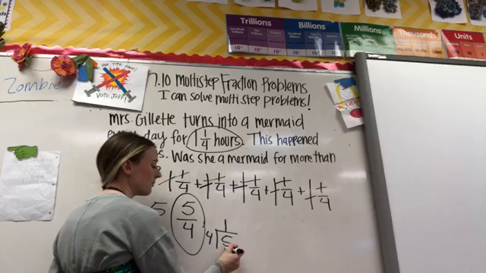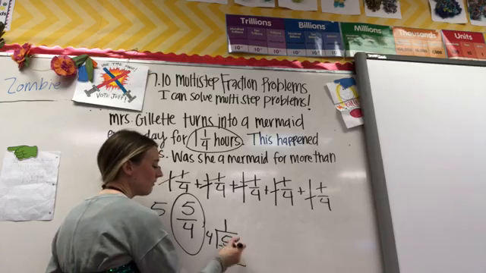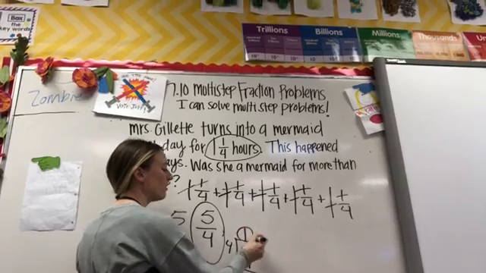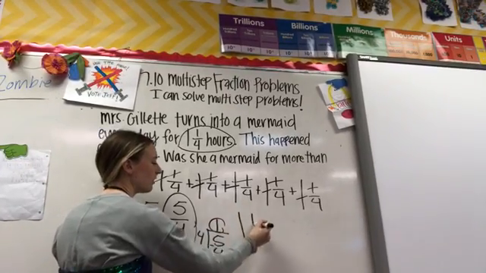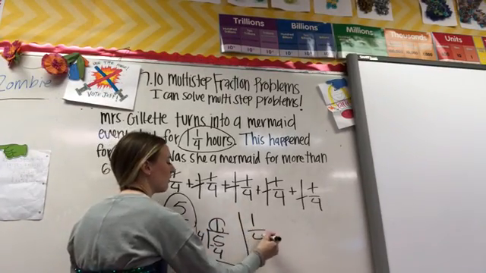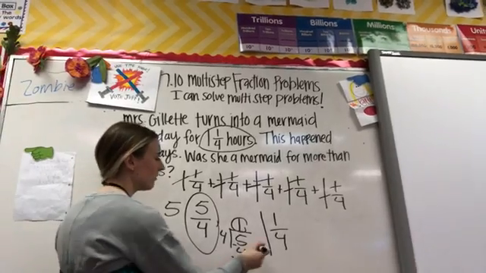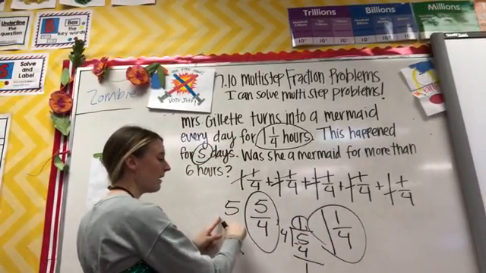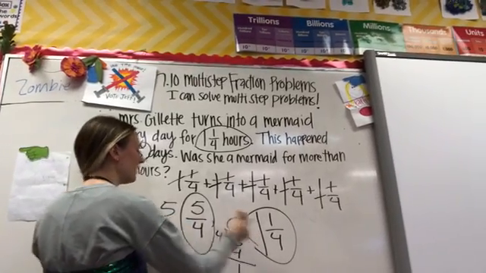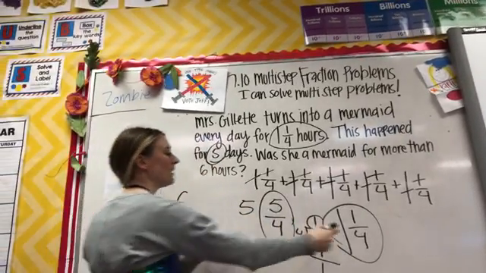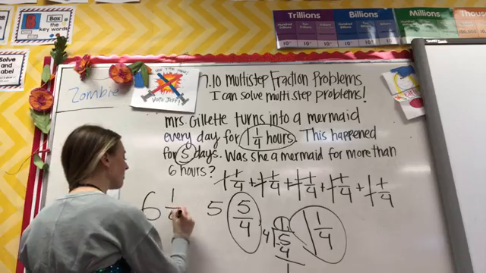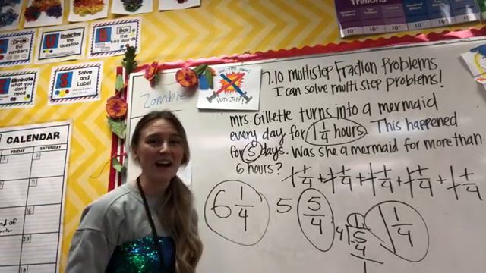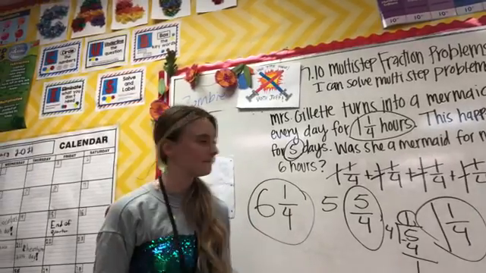Once. 1 times 4 is 4. 5 minus 4 is 1. So if we change this into a mixed number, we have 1 whole and 1 left over, and we always put it over the same fraction, 4. So we have 1 1/4, but now let's add that back to our original 5, okay? So it's 5 plus 1, that's 6, and we keep our 1/4. So I was a mermaid for 6 1/4 hours, and they were magical.